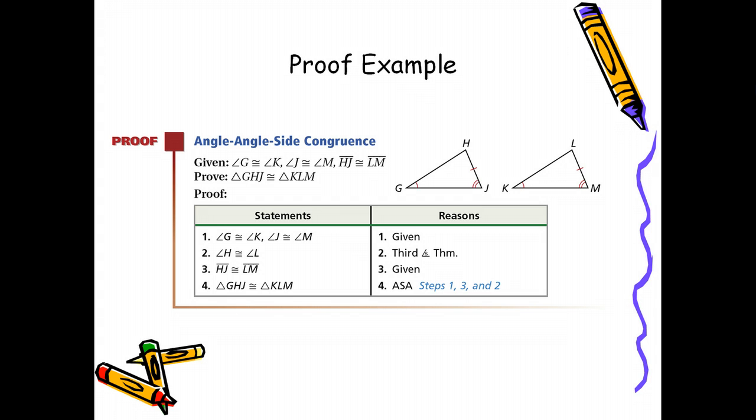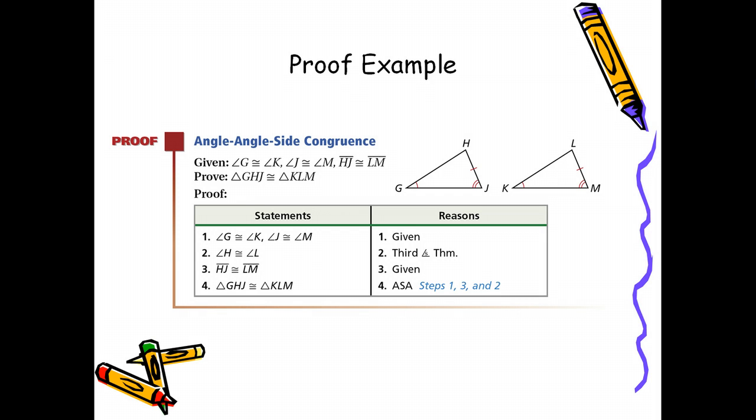We first start out with the two angles that we know are congruent, G and K and J and M. And then we know that there's a third angle that's congruent, H is congruent to L, and we use the third angles theorem for that. HJ is congruent to LM, that was given.